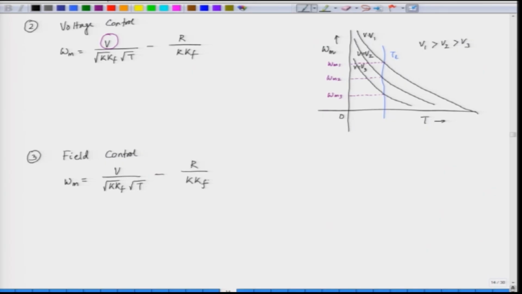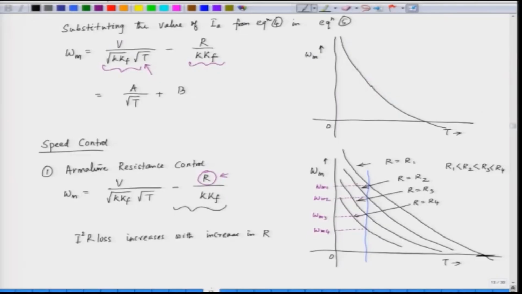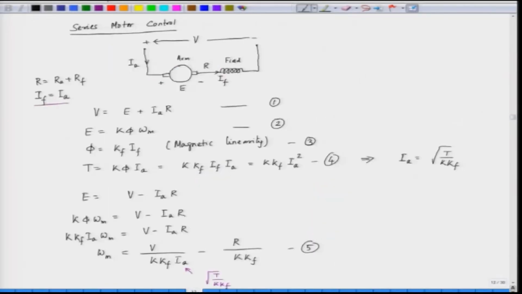Now, what do we mean by field control? We have the field in series with the armature. If you see the circuit of the motor, here the field is in series with the armature. By field control, we use a diverter resistance to reduce the effective field current.